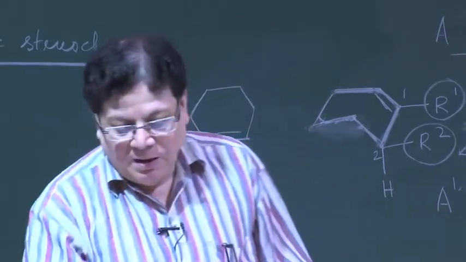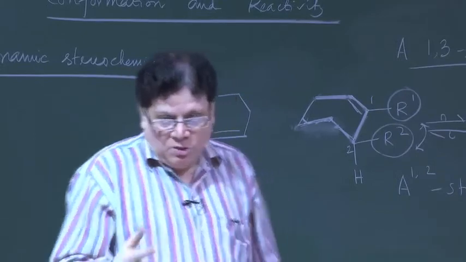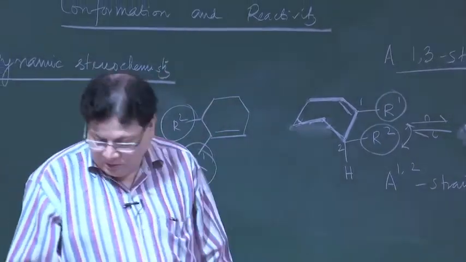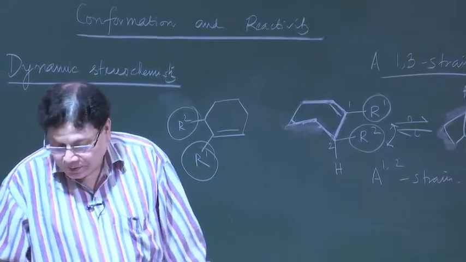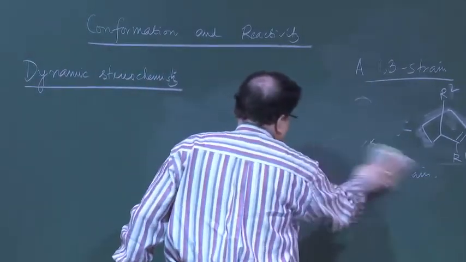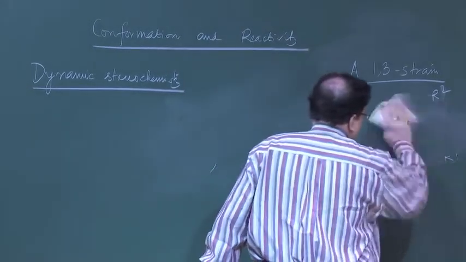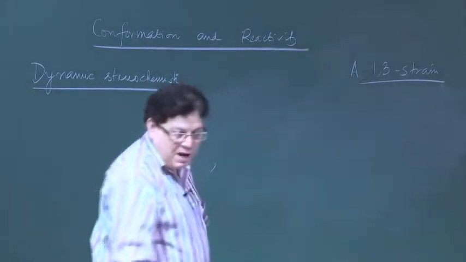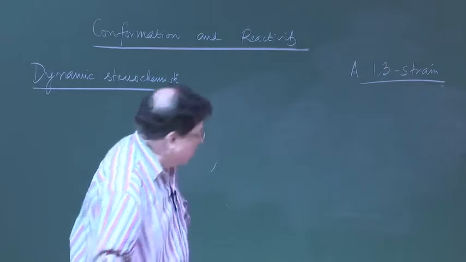So, you also know a little bit about the cyclohexene geometry now. You can actually write a cyclohexene. There are two ways of writing. One is the way I have written, another is the way I have shown you in the model.